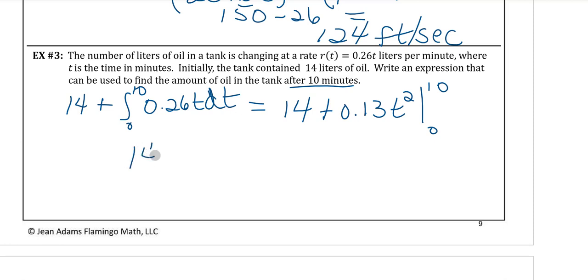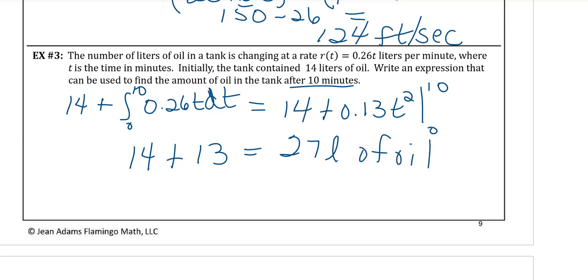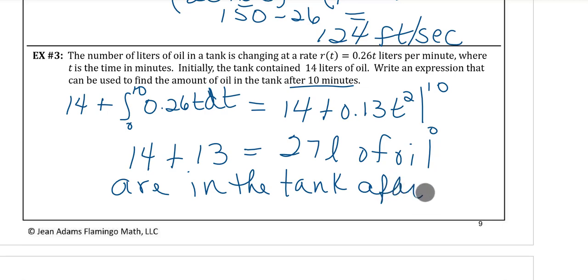So we get 14 plus, multiplying 10 into our function, we get 10 squared, so this will just be 13. So we get 27 liters of oil in the tank after 10 minutes. Okay, next example.